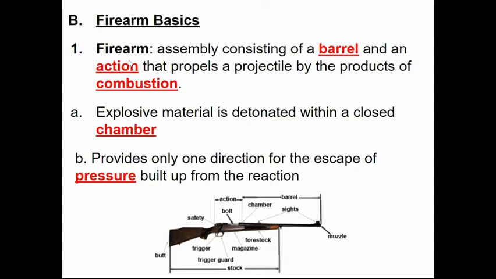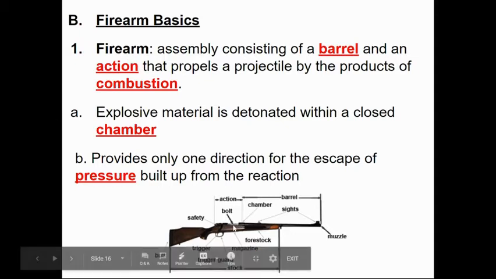So we're going to ignite this gunpowder, it's going to explode, and there's no place for that pressure to go except out the end of the muzzle or out the end of the barrel. And so that projectile is propelled down the length of that barrel and out the end.